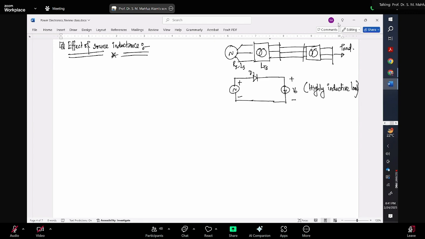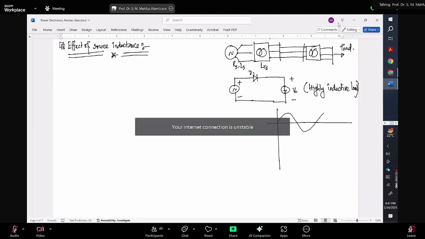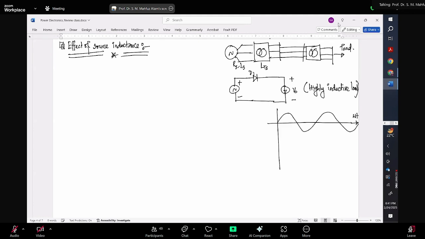Now, if we consider that this is our input voltage waveform, with omega t on the axis and V in.